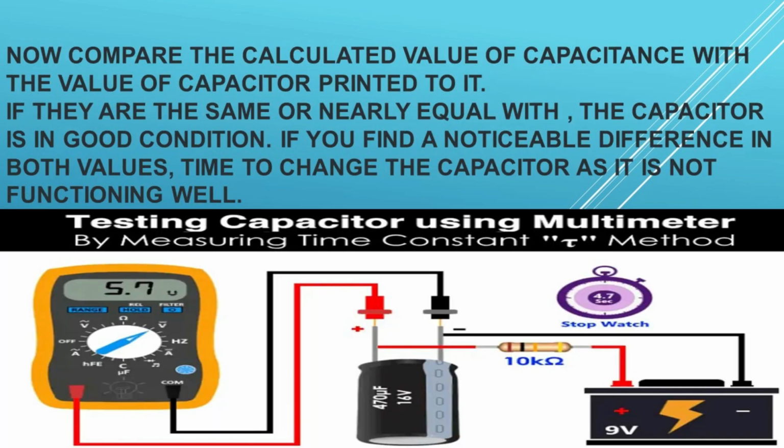Check the capacitor voltage rating printed on it, as shown in our example where the voltage equals 16 V. Now charge this capacitor for a few seconds to less than the rated voltage, i.e. charge a 16 V capacitor with a 9 V battery. If the battery voltage is greater than the nominal voltage of the capacitor, it will damage or burst the capacitor.